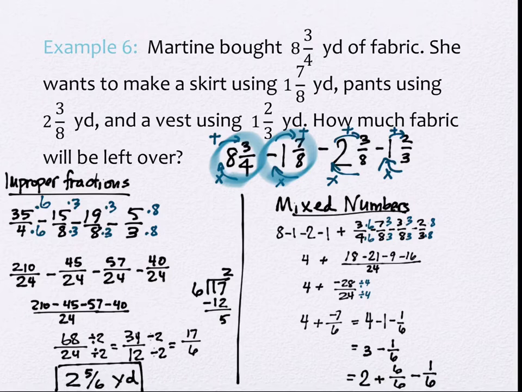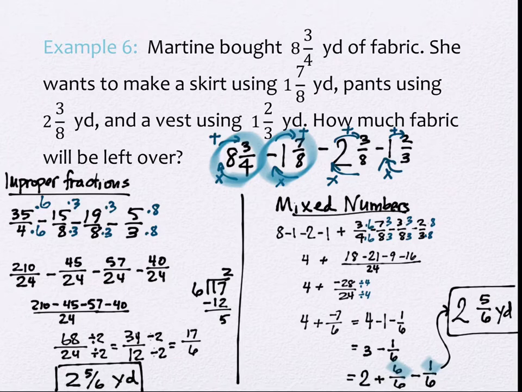Now can I do 6/6 minus 1/6 pretty easily? Yeah, because now the denominators match. So I have the 2 that's at the beginning, and then I have the 6 minus the 1, giving me 5/6, still in yards. That's not as easy as the first time when I used mixed numbers, and the reason is because I ended up having to do some regrouping in order to do the subtraction, right?